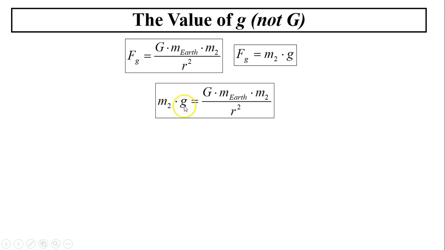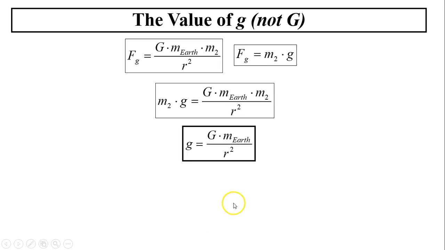What we have is m2 times little g, gravitational acceleration, equals big G times mass of the Earth times m2 over r squared. As you can see, m2 and m2 cancel, so we have a new equation for g. Gravitational acceleration is big G, the gravitational universal constant, times the mass of the Earth divided by r squared. r is the distance from the Earth at a point.